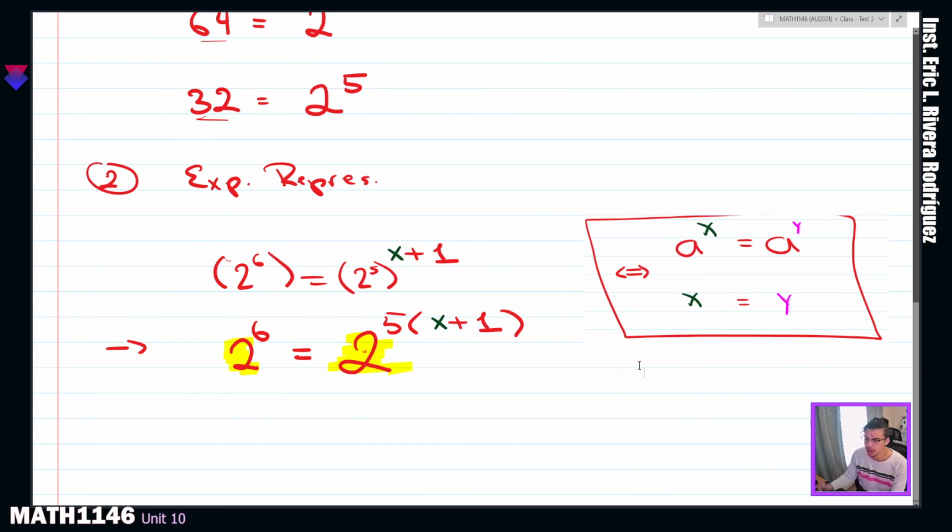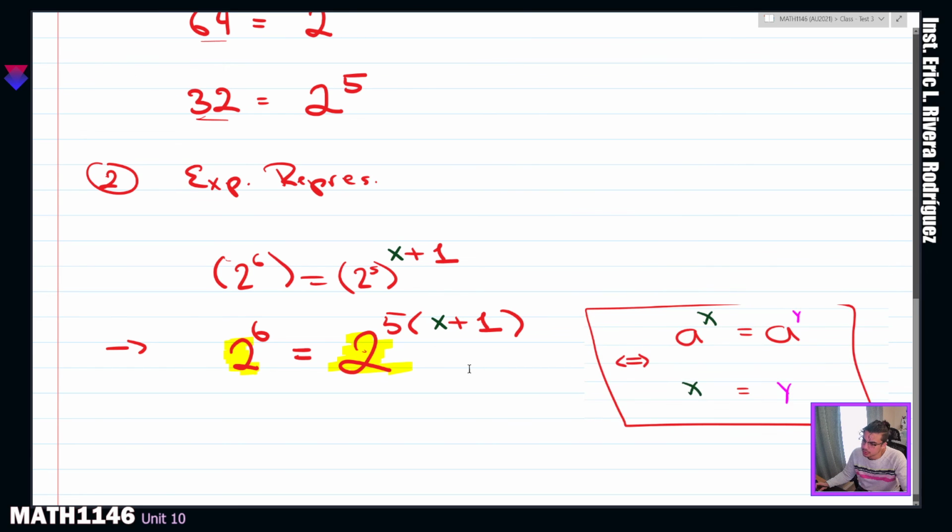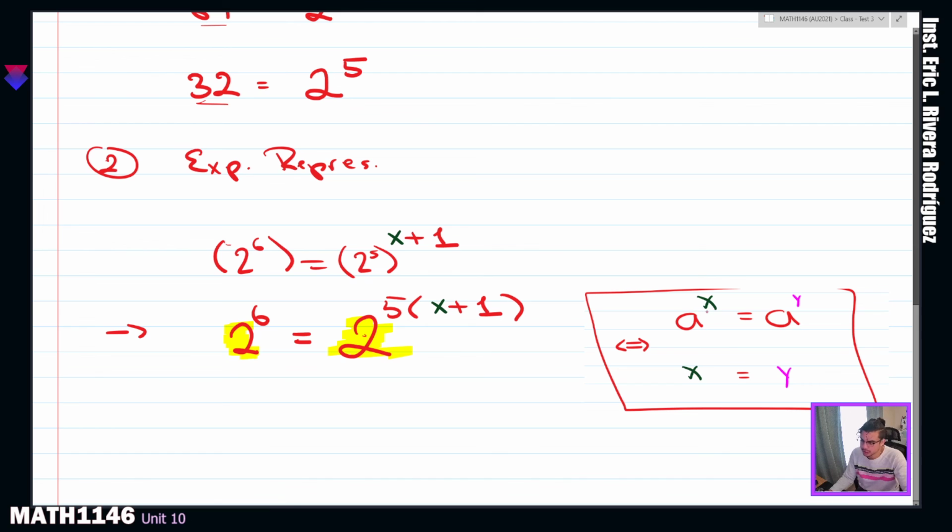If we have an equation with two exponential expressions on both sides, and they share the same base, then it means that the exponents are the same.